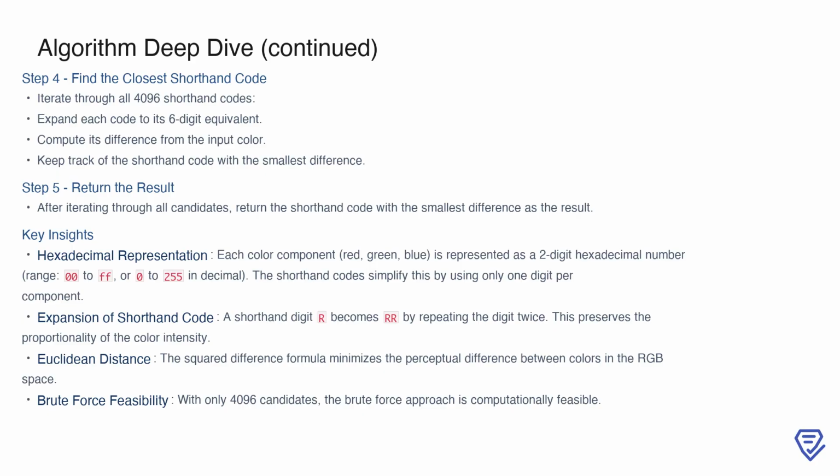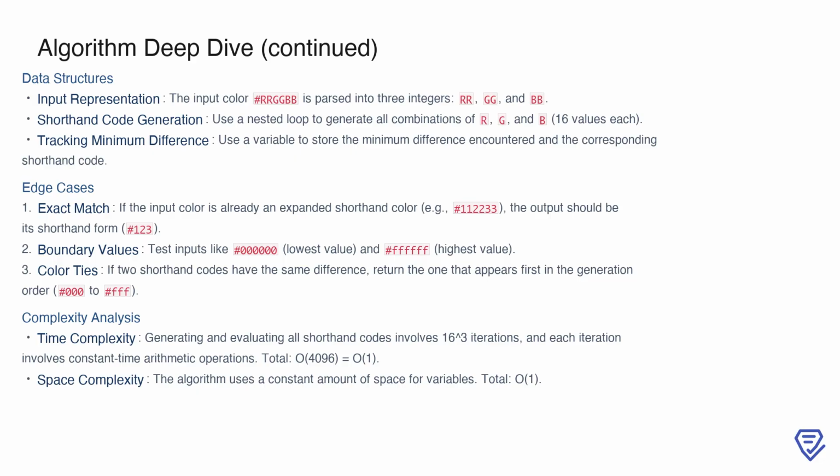To implement the algorithm, we use simple data structures to manage the process. The input color #RRGGBB is first parsed into three integers, RR, GG, and BB, representing the red, green, and blue components. To generate the shorthand codes, we use a nested loop that iterates over all combinations of the 16 possible values for R, G, and B. A variable is used to keep track of the minimum difference encountered so far, along with the corresponding shorthand code.